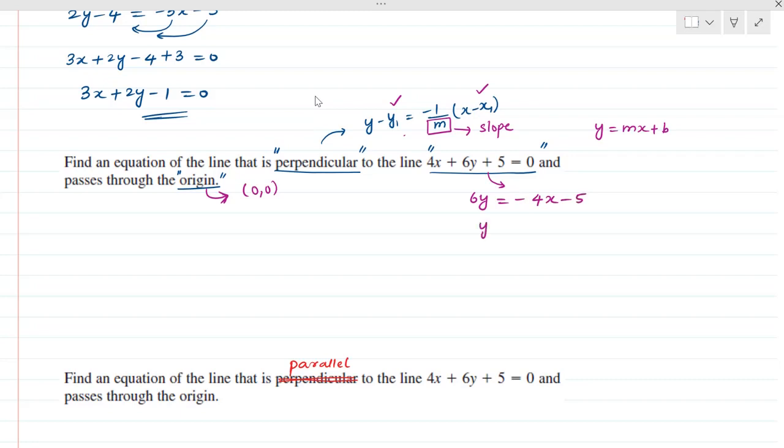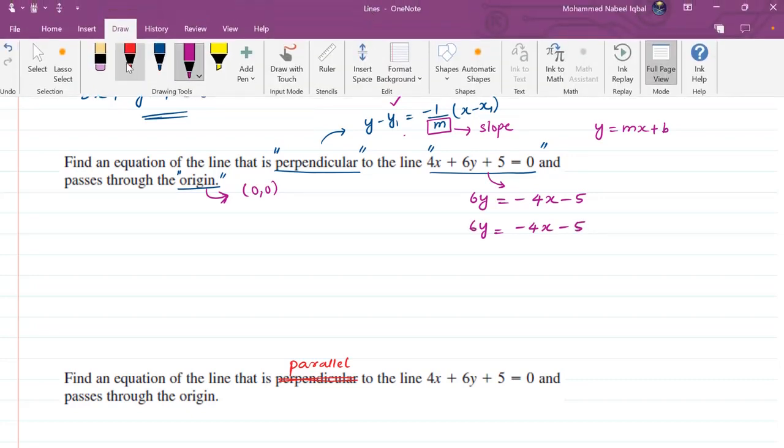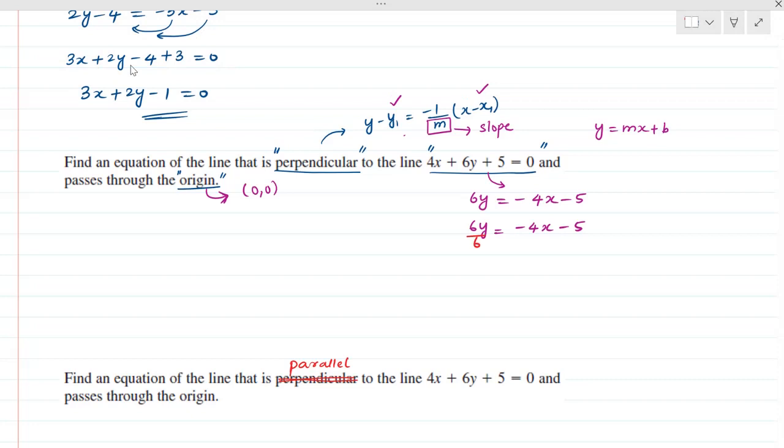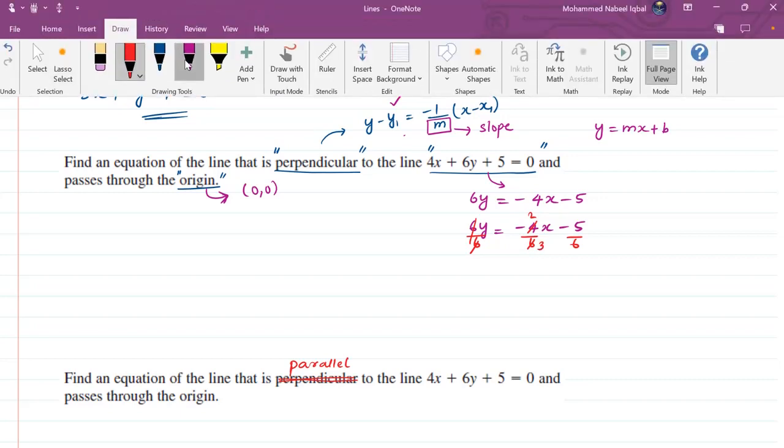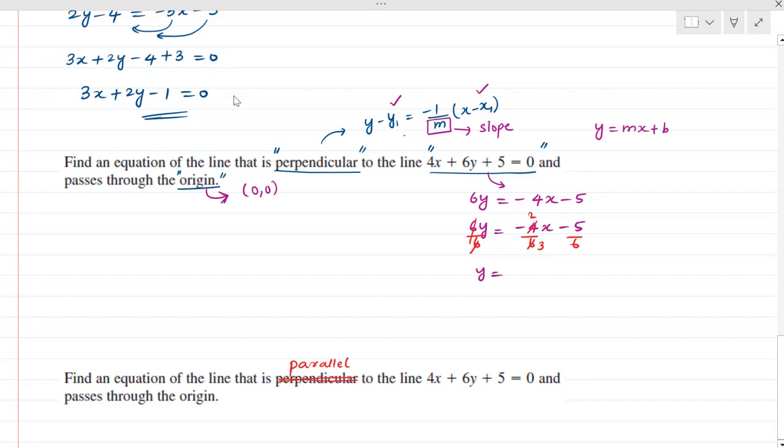Now divide by 6. Over 6, over 6, over 6, it gets cancelled. This is 2 over 3. If you simplify this part, y is equal to minus 2 over 3 x minus 5 over 6.